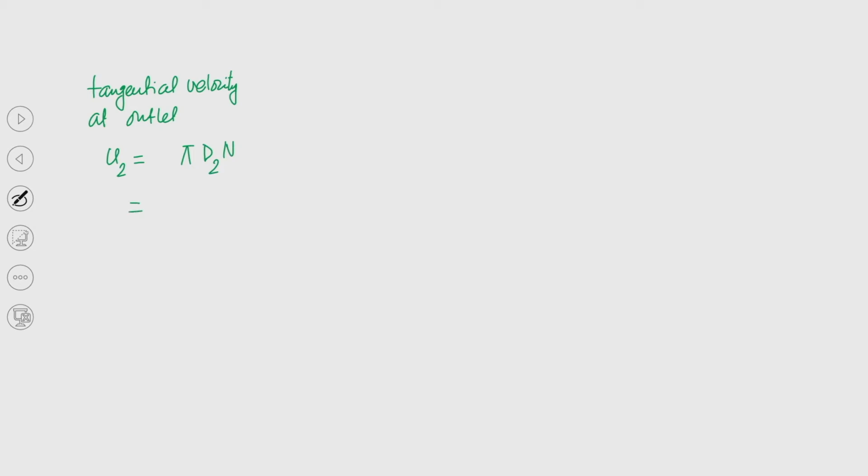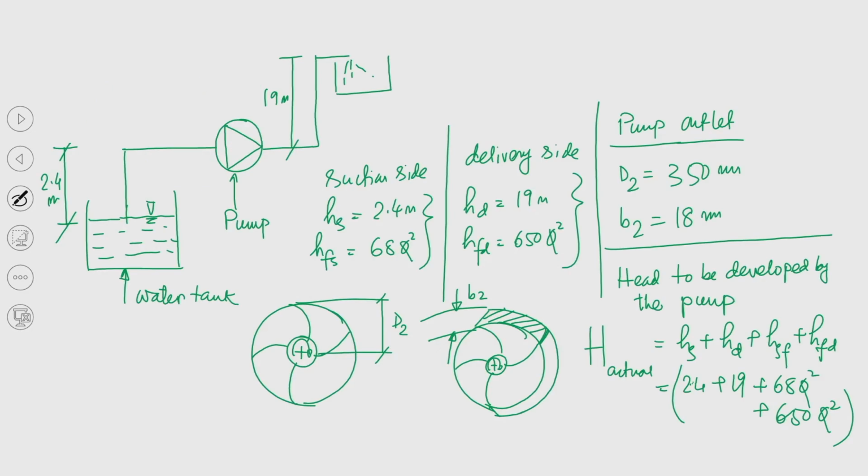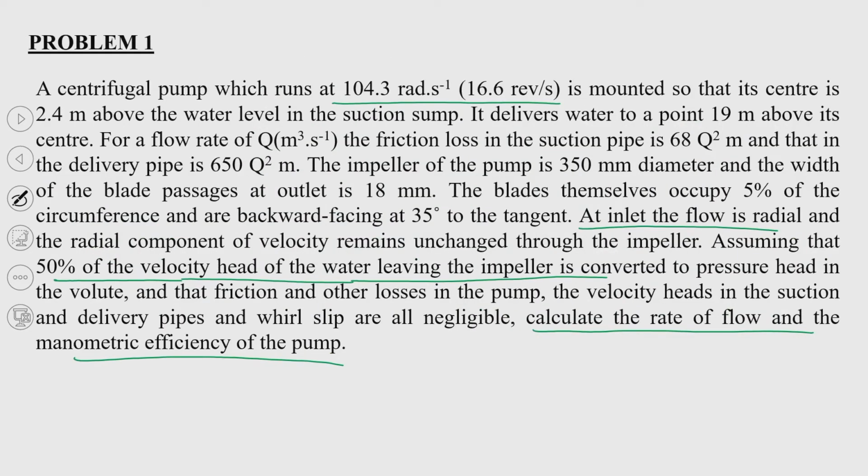So, basically we know d2 is equal to 350 mm. So, pi into 0.35 into 16.6 revolution per second, given, so we do not require to convert it, it is already given.